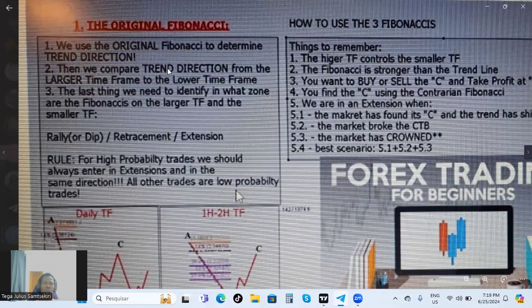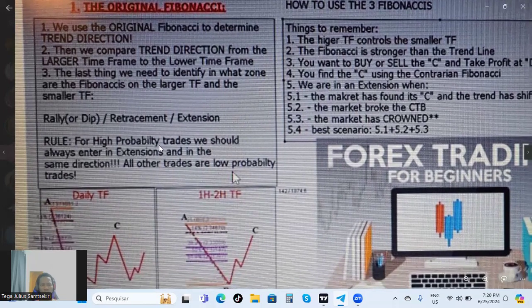All right. So it's all about the original Fibonacci. We use the original Fibonacci to identify trend direction. Two, we compare the trend direction from the larger time frame to the lower time frame. The last thing we need to identify is in what zone the Fibonacci is on the larger time frame and the smaller time frame.